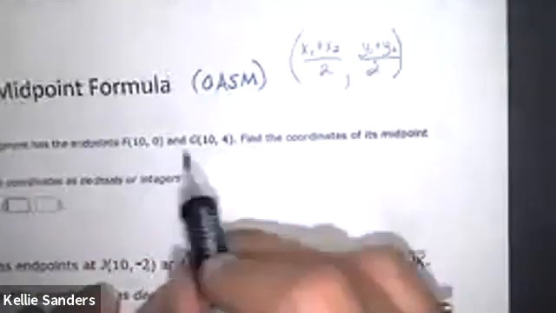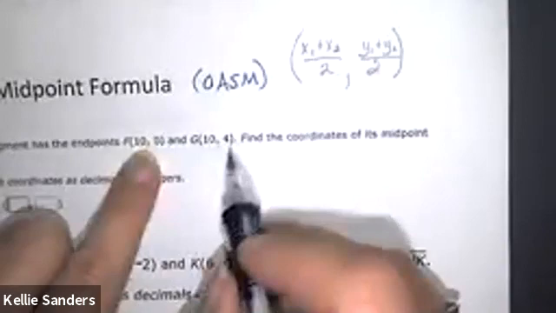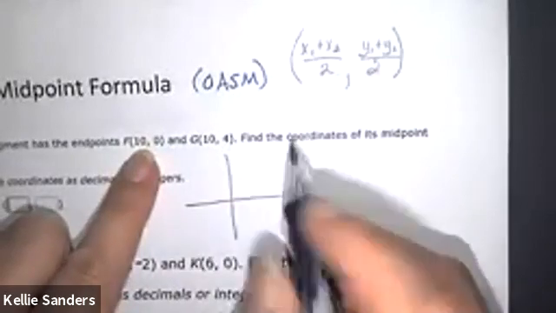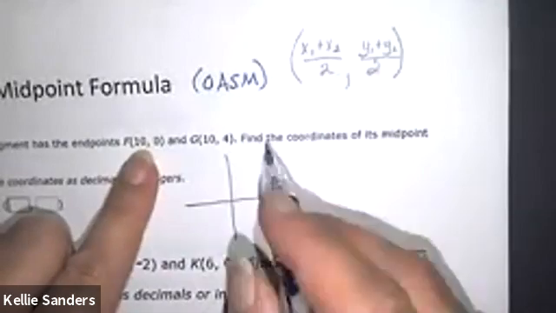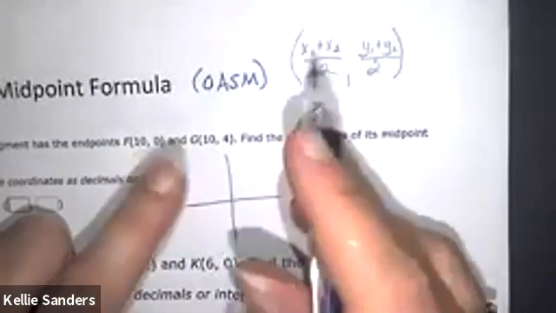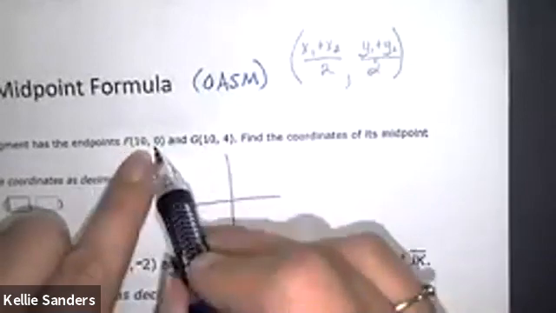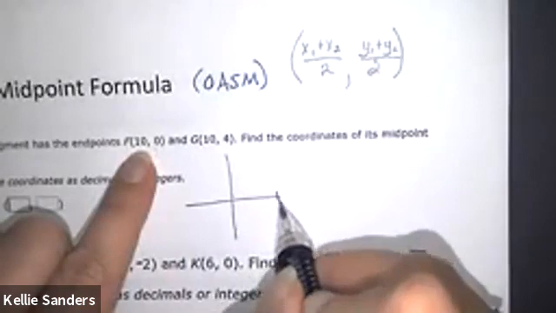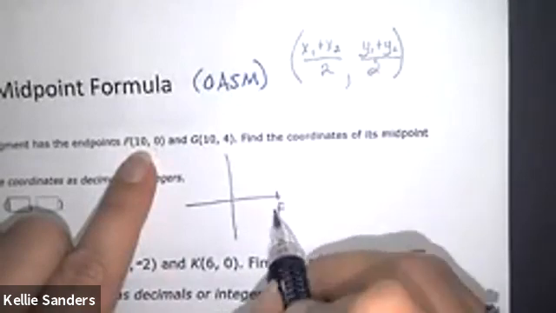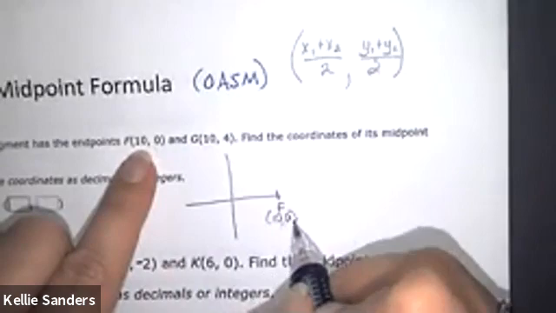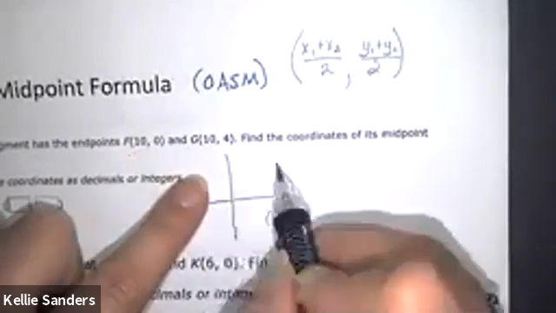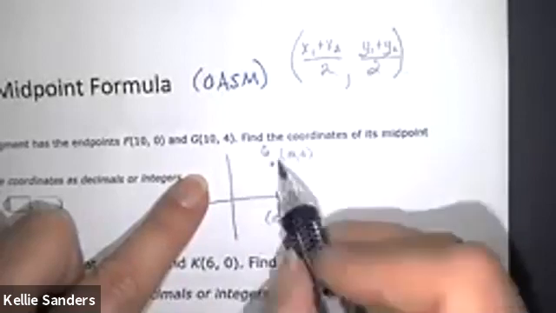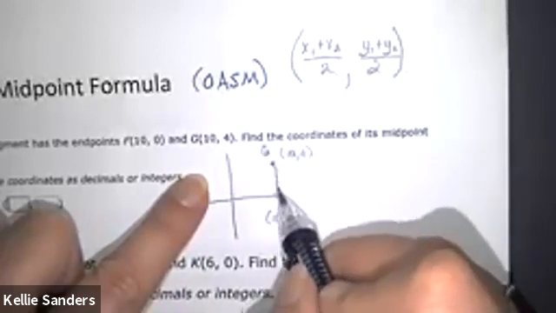Okay. What's going on? If I quickly graph this, and I am not going to graph every single one of these problems, okay? We don't have to. I'm just showing you what's going on. If we are at 10, 0, let's just say this is 10, 10, 0. So if this is F at 10, 0, and G is right here at 10, 4, and we have a line segment.